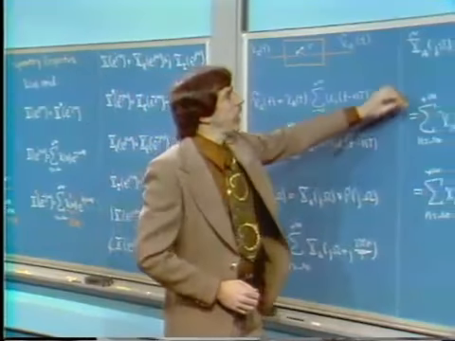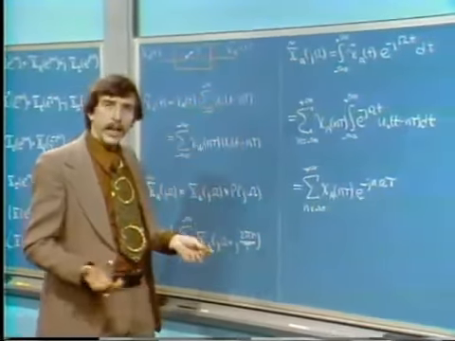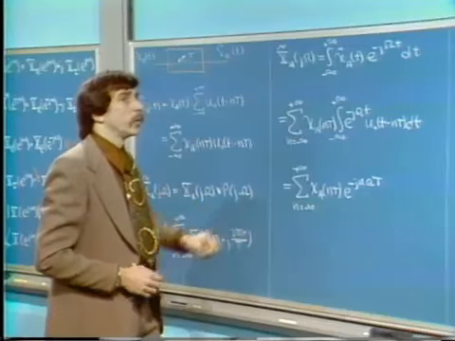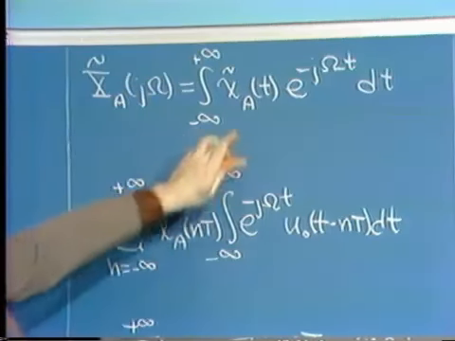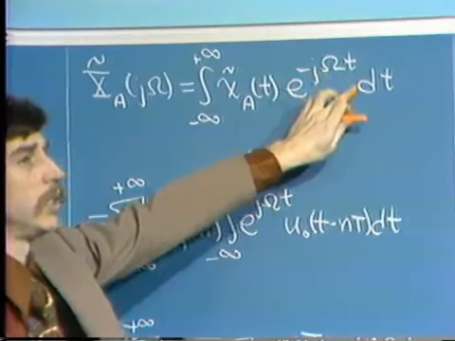Let's look at this now from a different point of view, again looking at x sub a tilde of j omega. Well, x sub a tilde of j omega is the integral of x sub a tilde of t e to the minus j omega t dt.